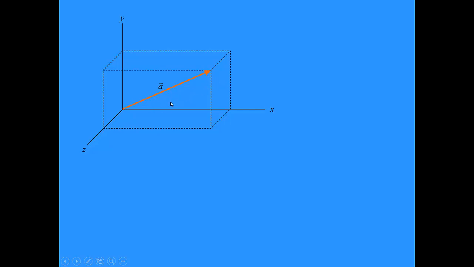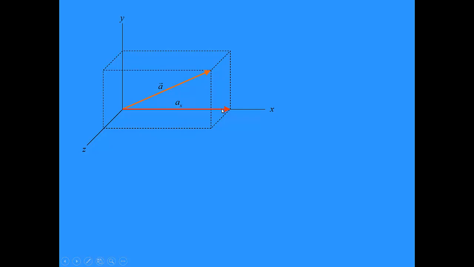Now, in 2 dimensions, we can resolve a 2-dimensional vector into its 2 perpendicular components, X and Y. Well, we can do a similar thing for a 3-dimensional vector, except now it will have 3 perpendicular components. So here is A sub X. This is the portion of A which is along the x-axis.